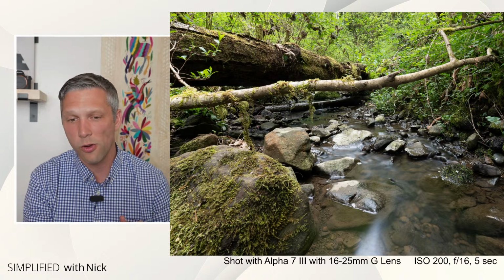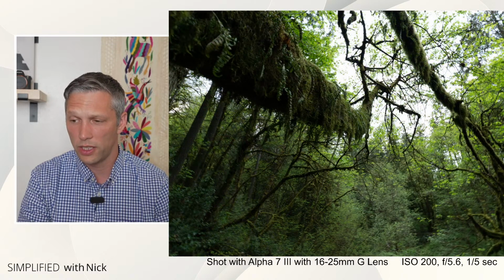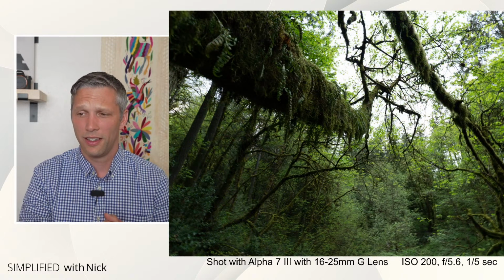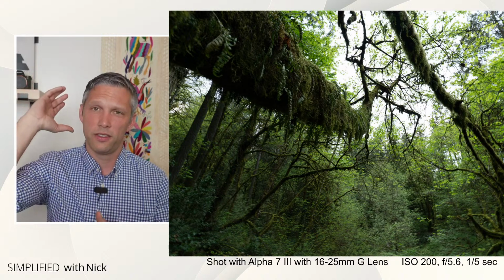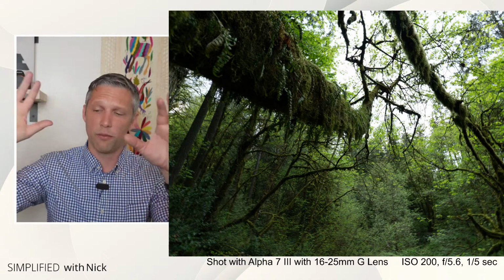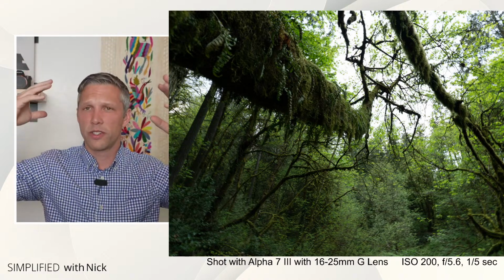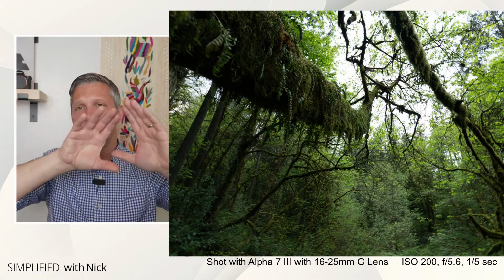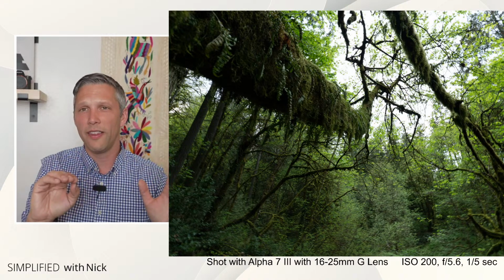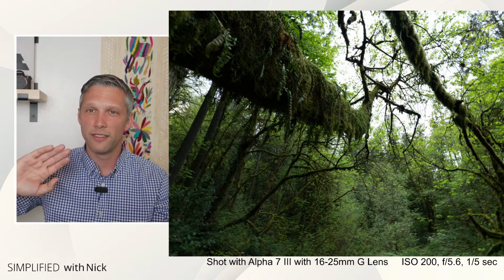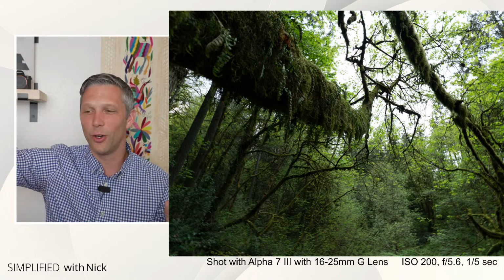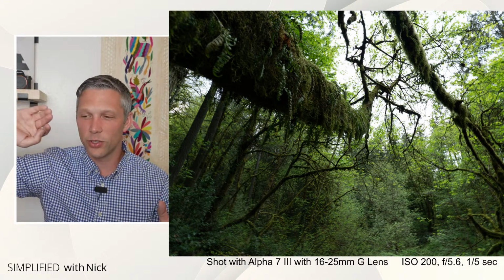But then on the way out of the trail, I saw this great tree with tons of moss and ferns growing out of the moss, and this arm of the tree just went out. And as I kept looking at it, it just kept reaching into the open space. And I was like, when does this tree even end?